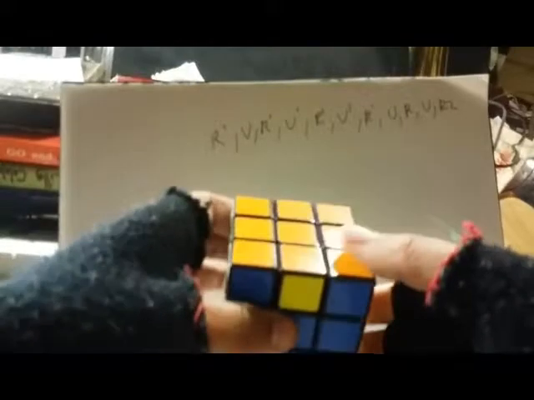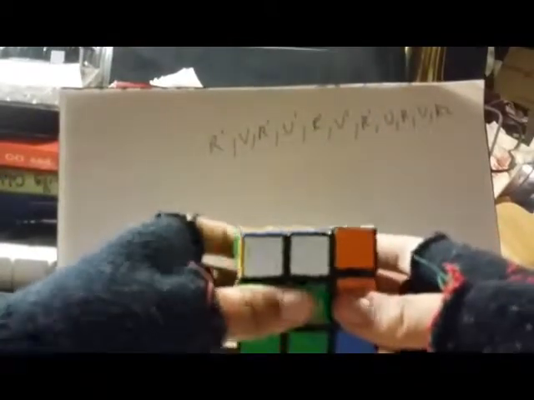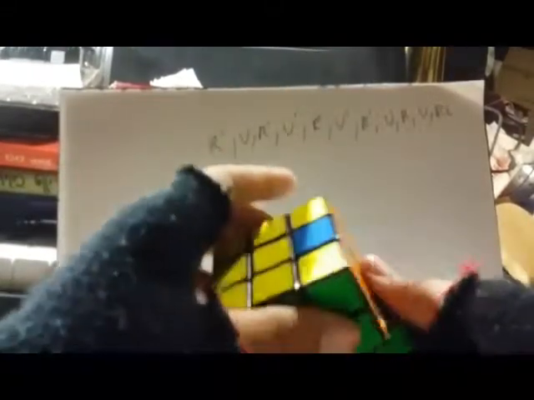So the algorithm goes R' U, R' U', R' U', R' U, R U, R2. And because I did that, one of these is going to be in the right place. So now we're going to put it on the front face, and we're going to do R' U, R' U', R' U, R' U, R U, R2.